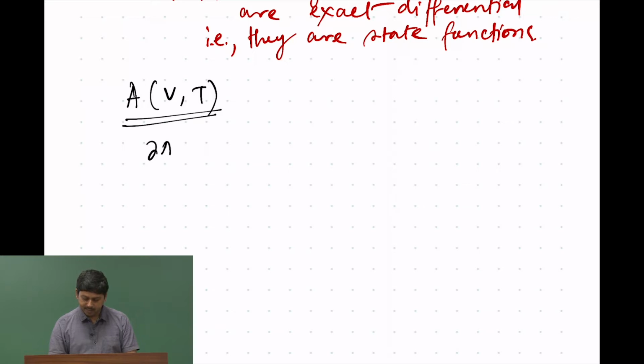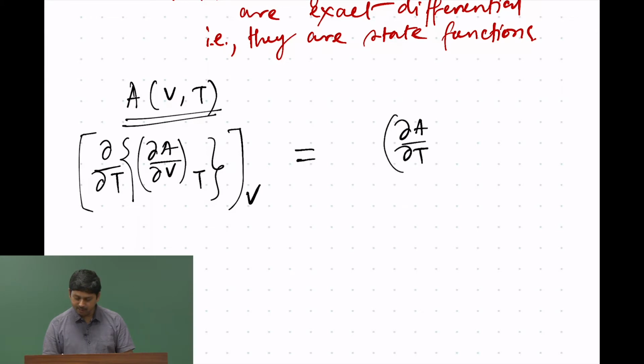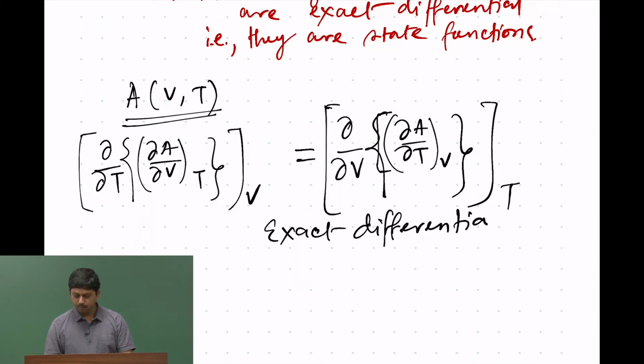Let us say I take a derivative with respect to V first at a constant T, and then this quantity I take the derivative of again with respect to T at a constant V. It is the same as if I take the derivative with respect to T first at a constant V, and then this quantity I take the derivative with respect to V at a constant T. So, they are the same, and they are the same because it is an exact differential. So, you see that by exploiting the properties of exact differentials, we can now get many more relations.